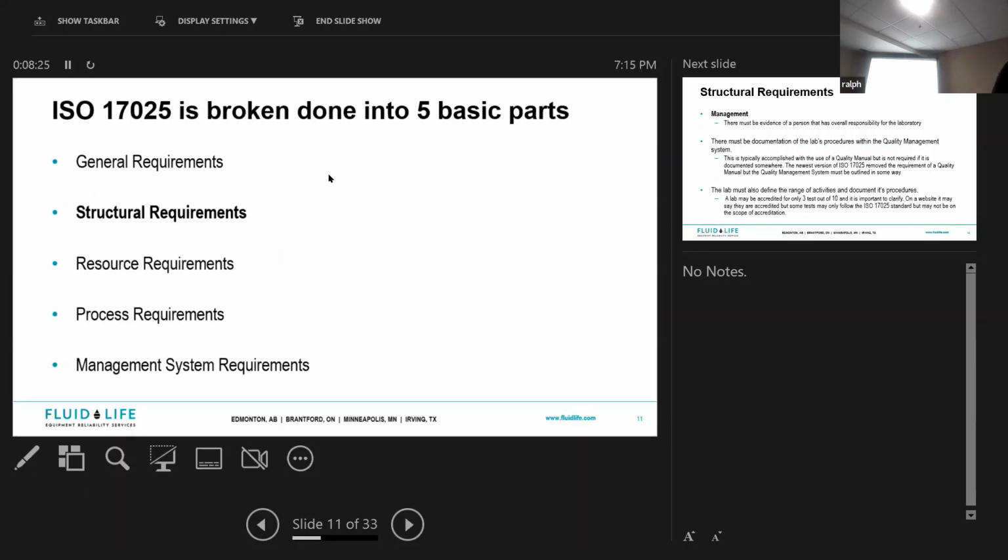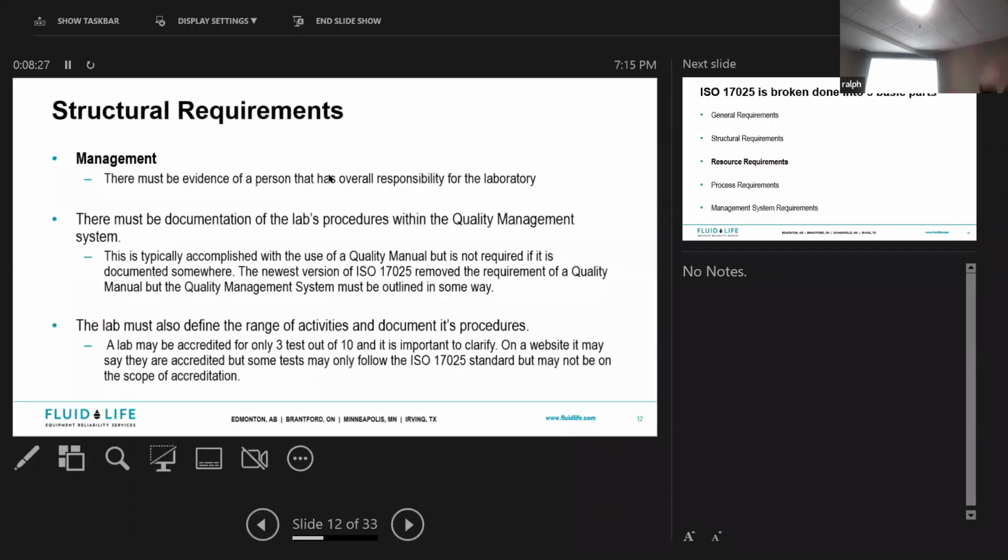There are a few other things, like you have to be a legal company and all that great stuff, but I skipped over that one. Structural requirements. There must be evidence of a person that has overall responsibility of the lab. You can have the person that's responsible for your lab be the same person as the quality manager.